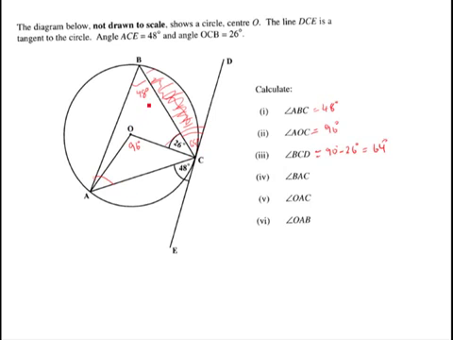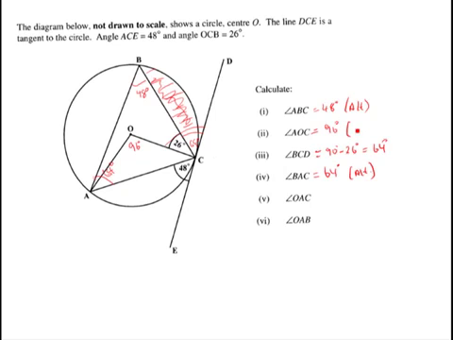So angle BAC is 64 degrees. And of course, put the reason: alternate segment theorem. This one is alternate segment theorem, and this one was also alternate segment theorem.